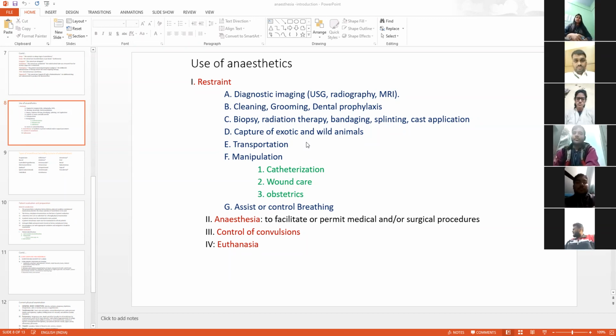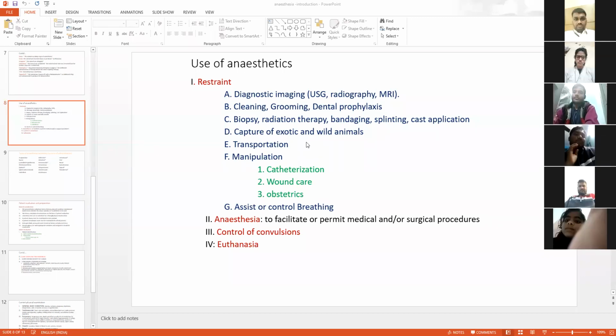So basically, in the case of diagnostic imaging, ultrasonography and radiography, we require anesthesia for proper positioning. Suppose you are going to take a radiograph of the hip region of a dog, and that dog is having severe pain. Even slight manipulation of the hip leads to severe pain.